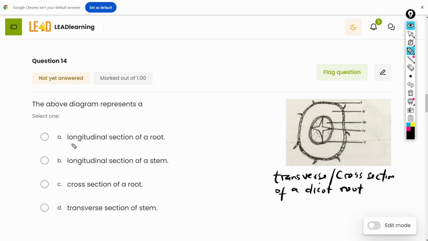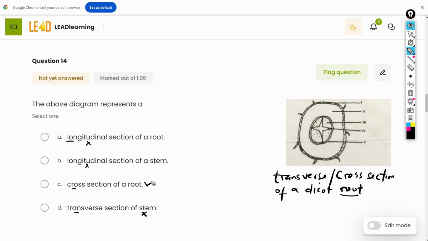So the fact that we have longitudinal here disqualifies this. Cross section also means transverse section, but like I said, this is the transverse section or cross section of a root. So stem disqualifies it.